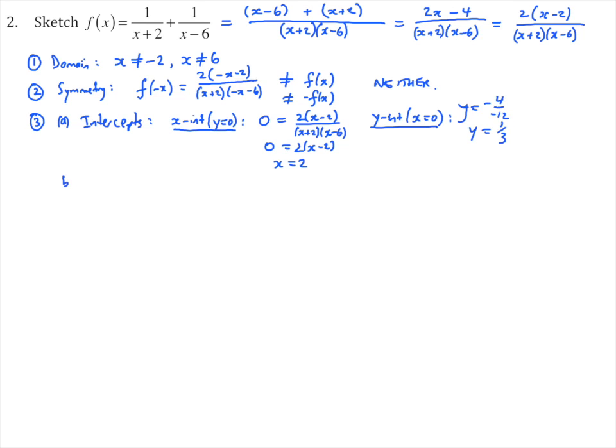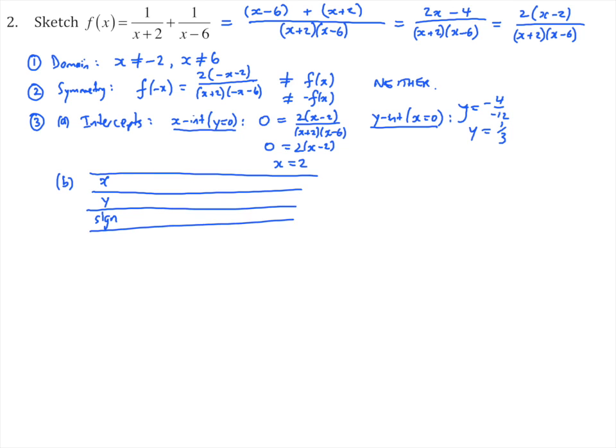Let's draw a sign diagram. Now, with the sign diagram, we've got to make sure we get the right numbers, so x, y, and our sign. What numbers are we interested in? Righto. The first number I'm interested in is minus 2. I'm also interested in 6. I'm also interested in an x-intercept of 2. So, minus 2 is the first number I'm interested in because it comes from there.